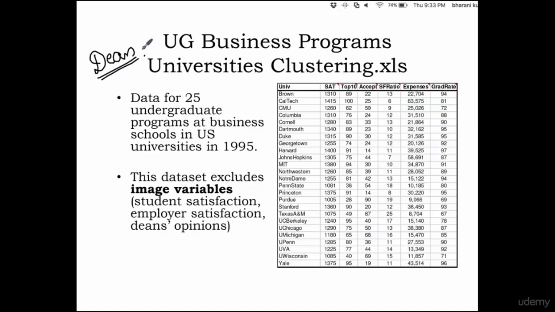Probably the dean of the college would look at the related universities and the kind of courses those universities are launching. Say, for example, Harvard, MIT and Stanford are related. These three are a cluster.